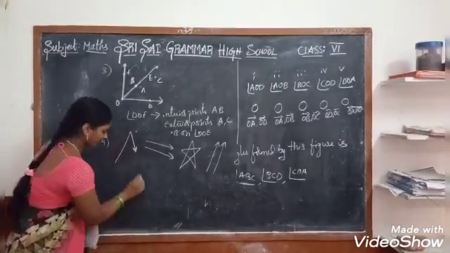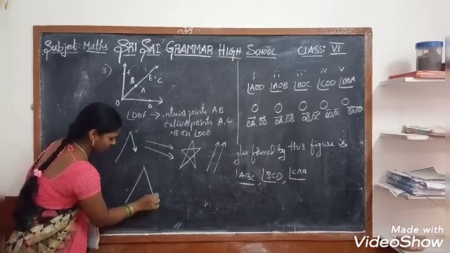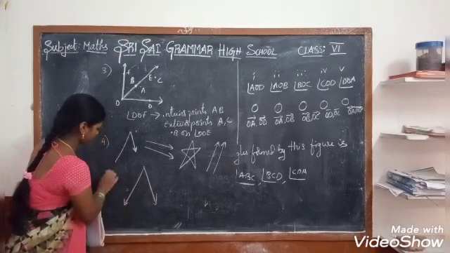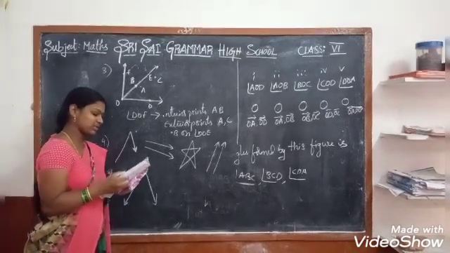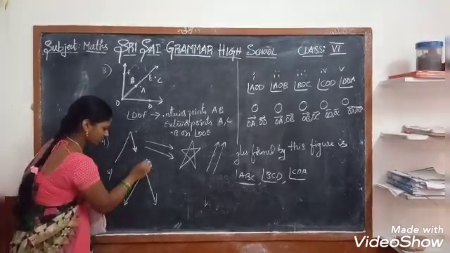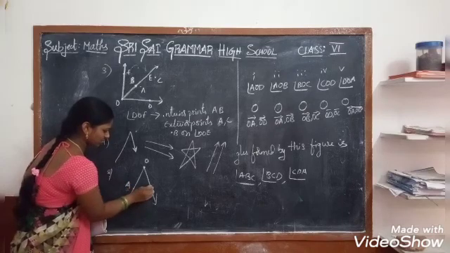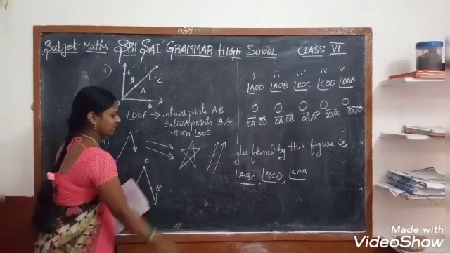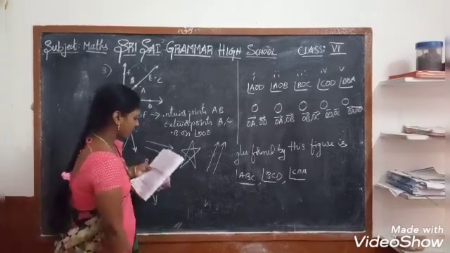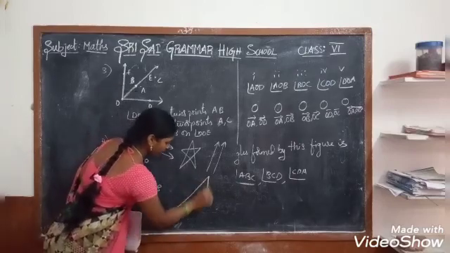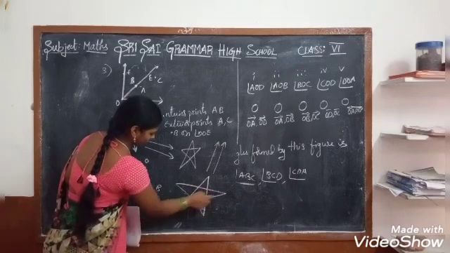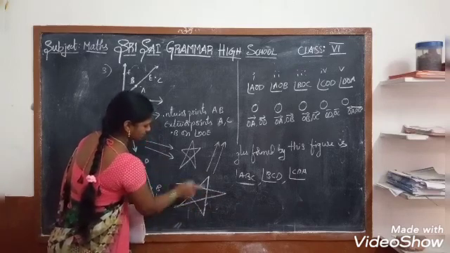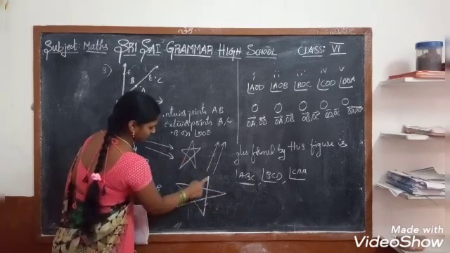This is the figure we have to mark, and we have to represent the points. This is a vertex, this is point A, this is point B. These parallel lines can be shown on the star. See, this is one of the lines, and this is a star and the parallel lines.